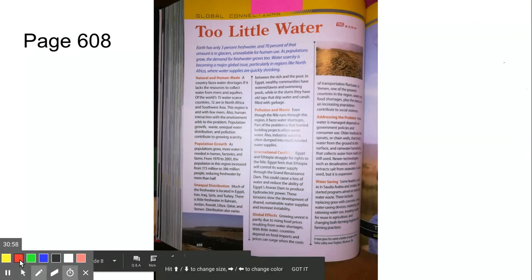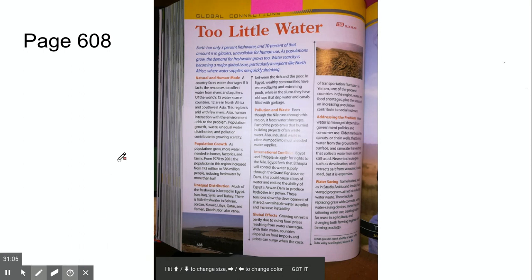in these paragraphs. And let's use pink. Why not? So right here, natural and human-made. A country faces water shortages if it lacks the resources to collect water from rivers and from aquifers. Of the world's 15 water-scarce countries, 12 are in MENA, Middle East, North Africa.